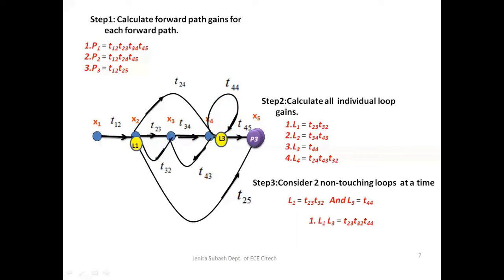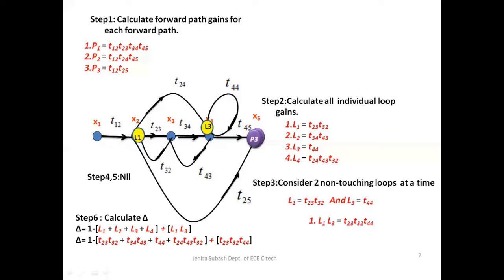Moving on to step 4, we have to consider 3 non-touching loops at a time. We don't have such a possibility and we don't have any 4 non-touching loops and further combinations. So moving on to step 6, we have to calculate delta, where delta is given by 1 minus the sum of all individual loop gains plus the sum of the product of all combinations of 2 non-touching loops.